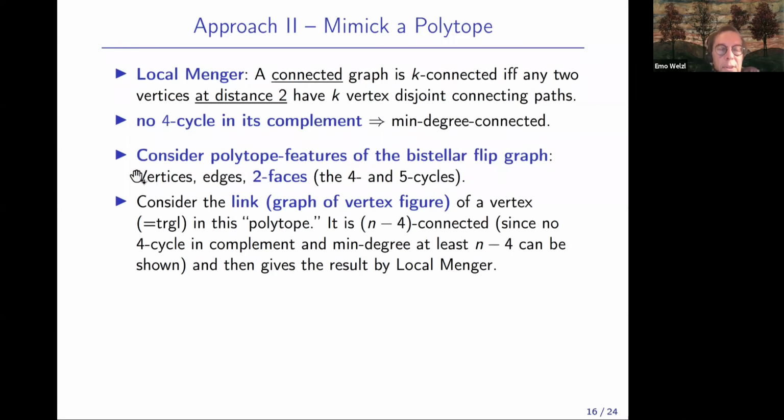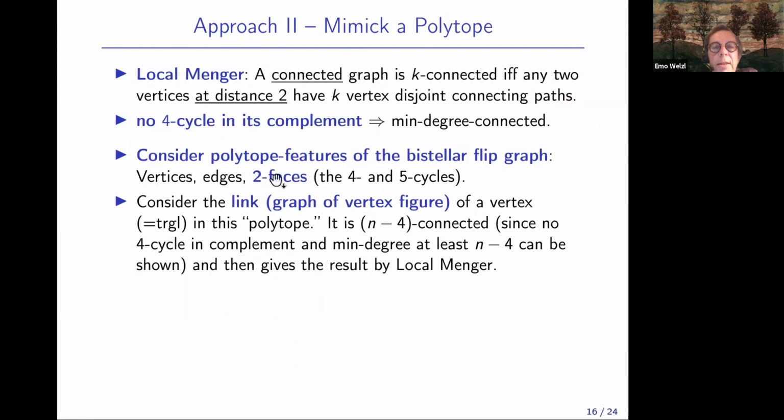We have vertices, we have edges, and we have 2-faces. Well, we don't have 2-faces naturally, but I define basically the 4-cycles and the 5-cycles, which I tried to emphasize when we went through the examples.